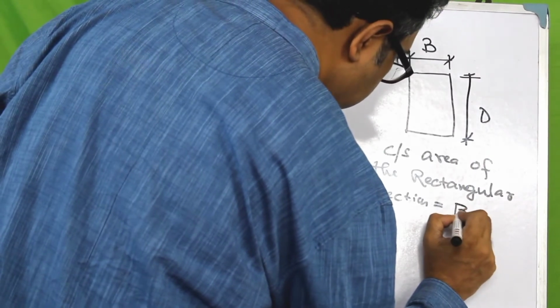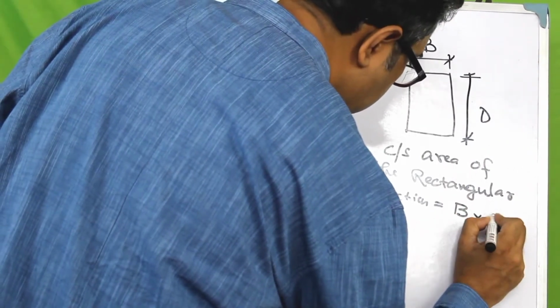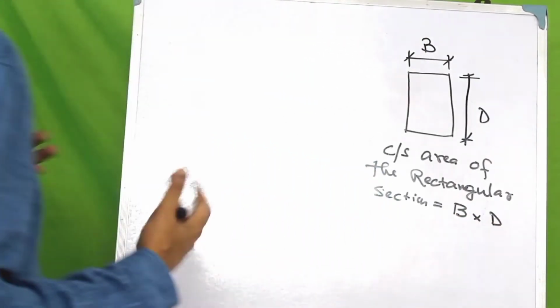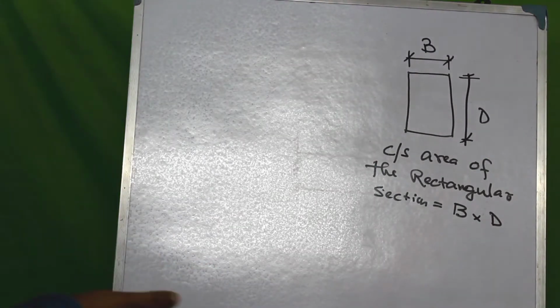So it would be B into D. So that's the cross-sectional area of a rectangular section.